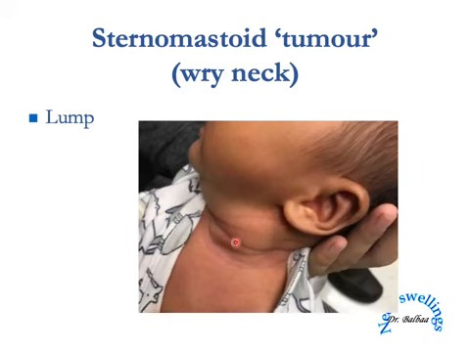This is how the baby will present in the first few weeks, with a lump in the lower part of the sternomastoid muscle. What will be the manifestations? Mainly the swelling will be in the lower part. It will be within the structure of the sternomastoid muscle. The shape will be oblong, taking a fusiform shape, and the anterior and posterior borders are very easy to feel.